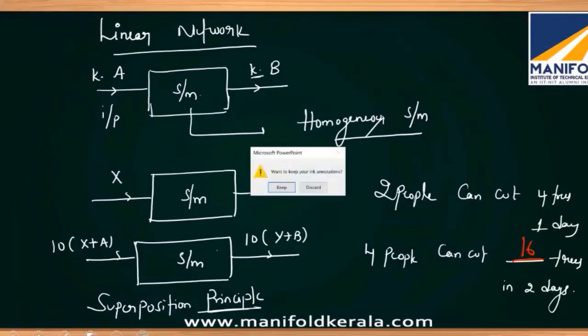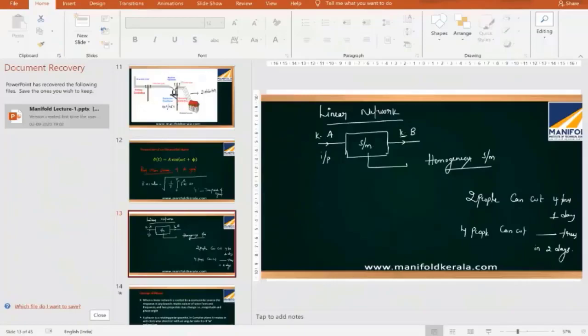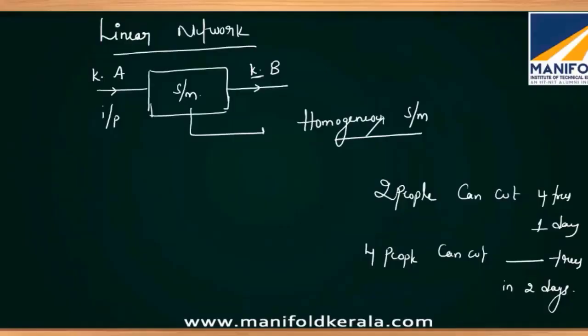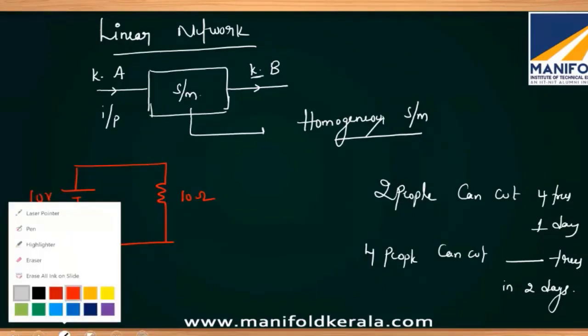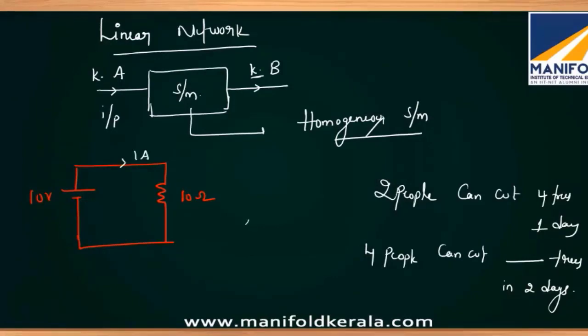So how do we understand linearity in terms of electrical systems? If I take a simple resistor, say 10 ohm, with 10 volt, what is the current that flows here? 1 ampere.